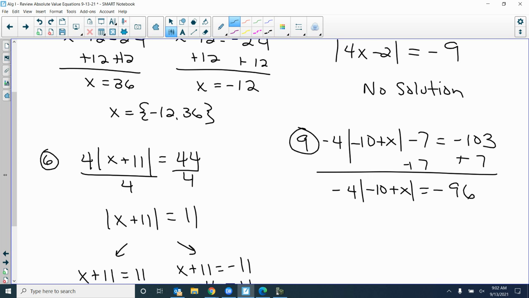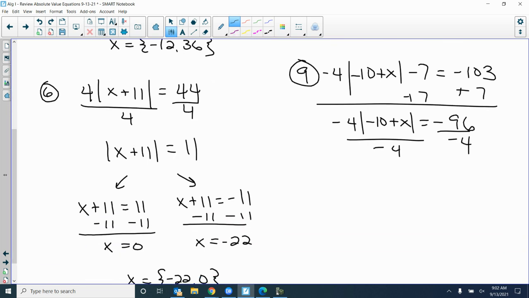Yep, we got to divide by -4 because we have that -4 on the outside. We do not have the absolute value by itself. So I got the absolute value of -10 plus x equals -96 divided by -4, which is positive 24.